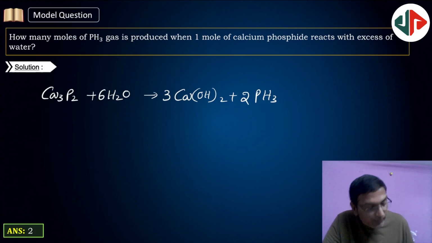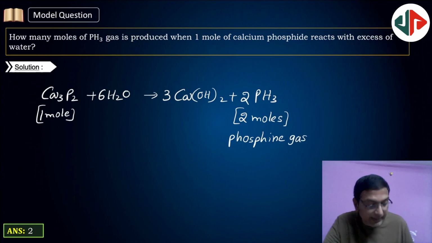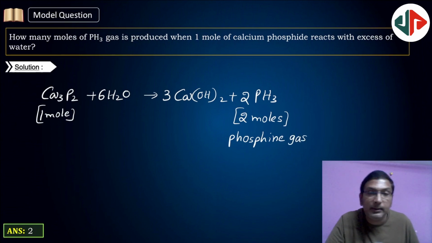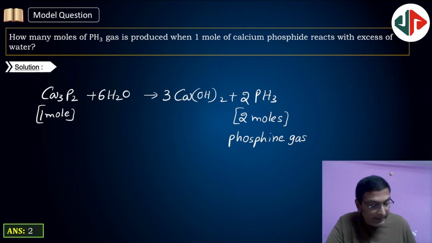That means 6 moles. So here 1 mole produces 2 moles of phosphine gas. So very important. Therefore 2 moles. Next.